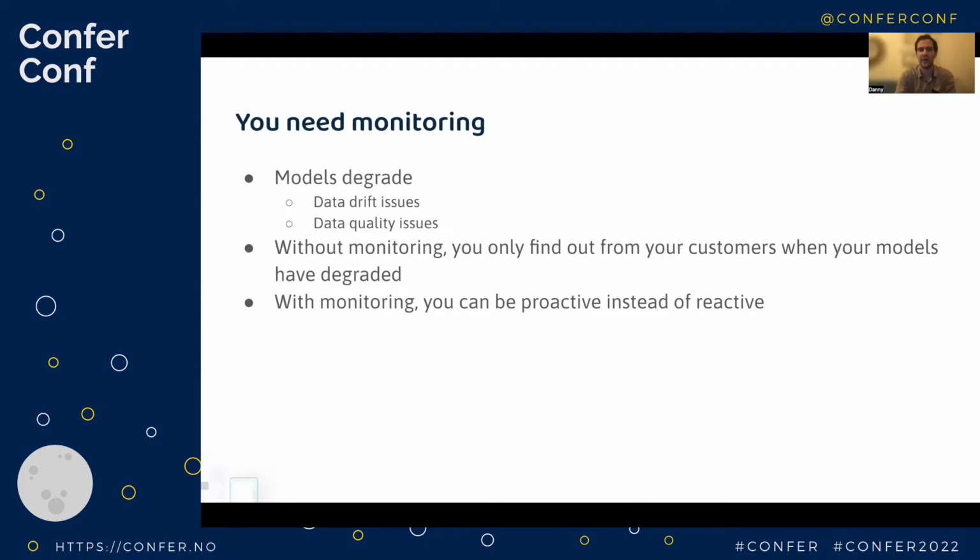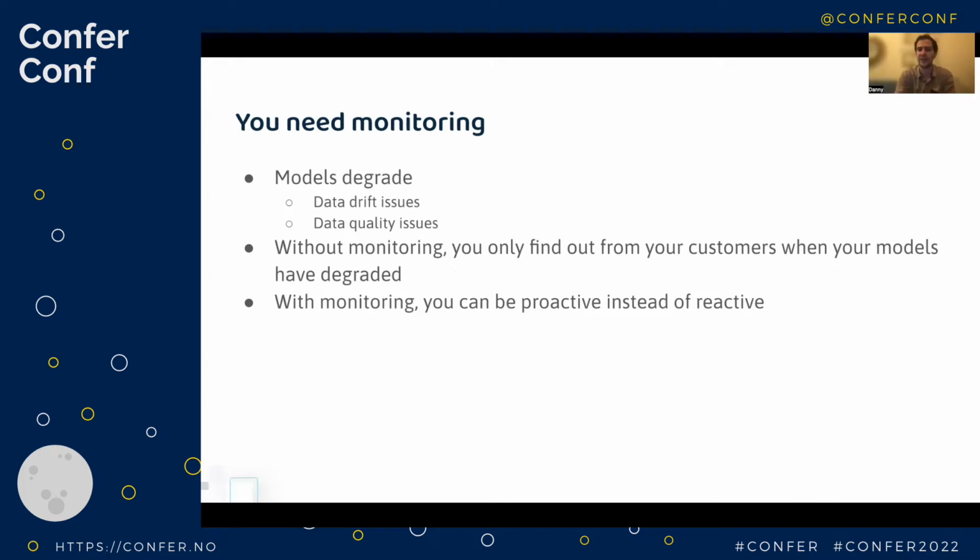When the real world changes, a machine learning model that's trying to represent the real world gets stale. You can imagine if you trained your model on pre-COVID data and then COVID hits, and all of a sudden the real world has changed and your users are acting differently, your model is probably no longer able to model the real world effectively.